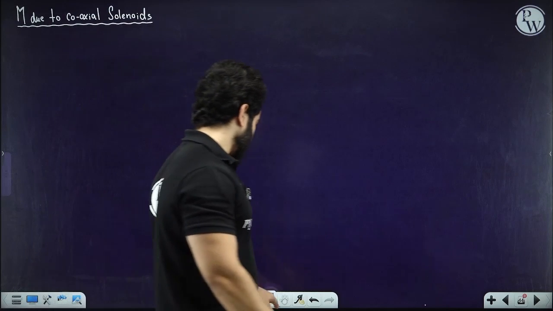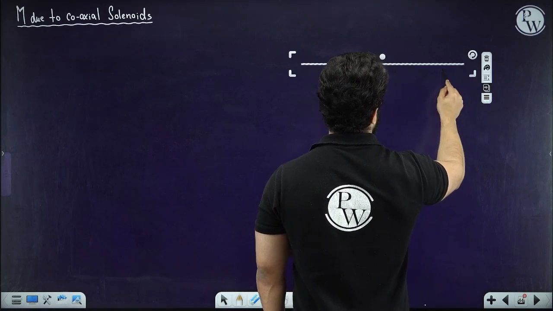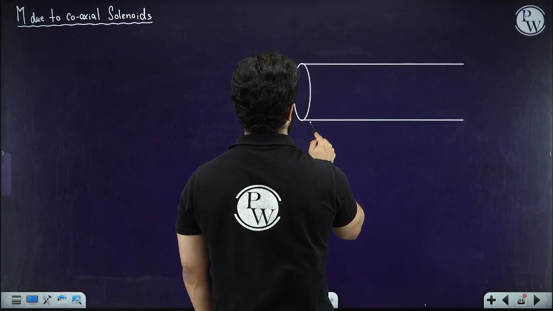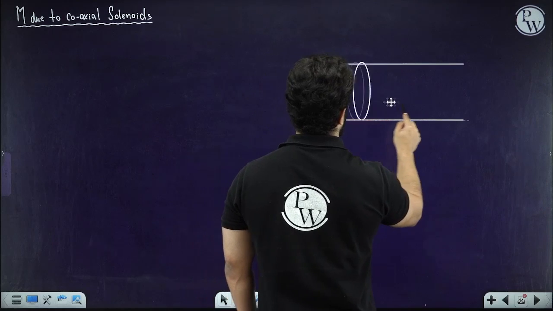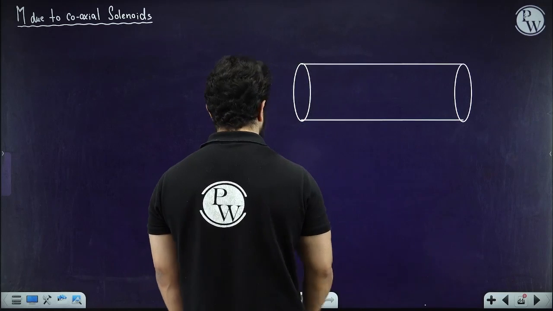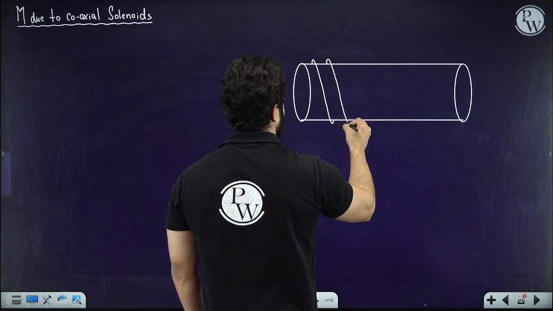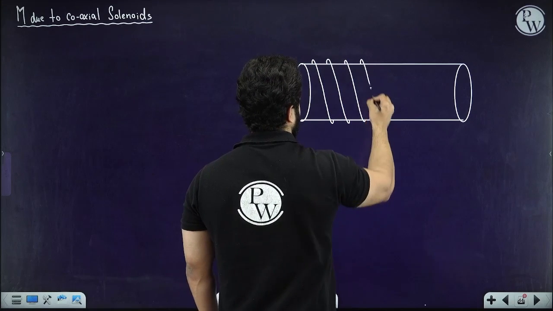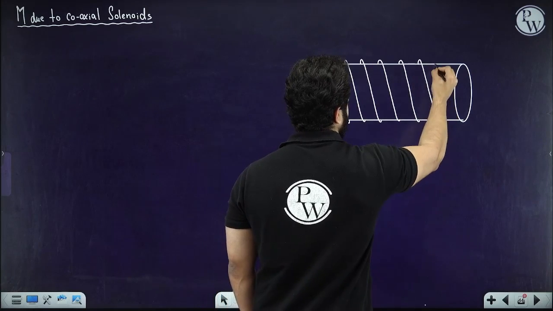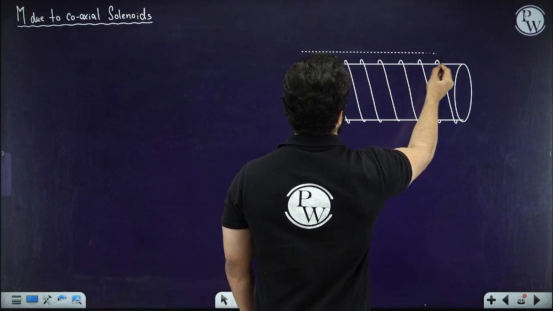Now, let's suppose we have a solenoid like this, and let's suppose it has some turns. Let's say it has N1 turns, and I am talking about a general case so that after this we can derive all the specific cases. It has some length L1, total length is L1.